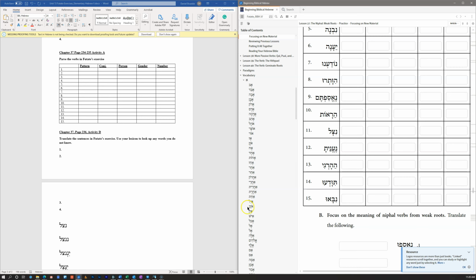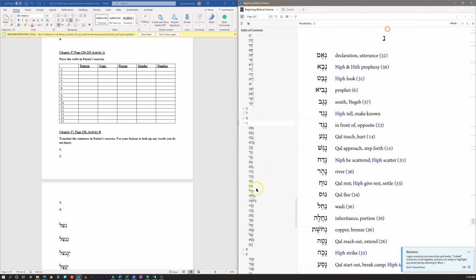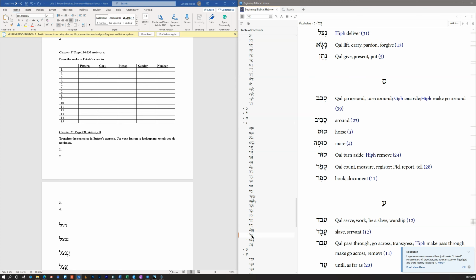I don't remember that one. Natsal. That's right. This often, I think this is common in the Psalms. That was part of my mnemonic, which is a dumb one.